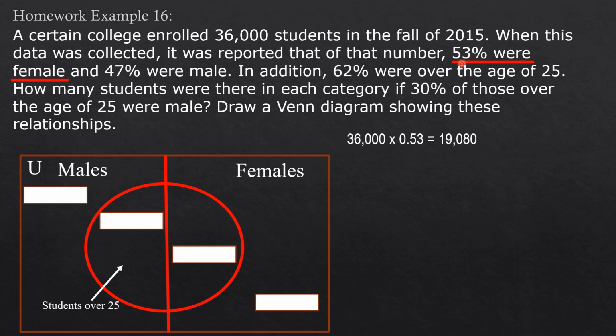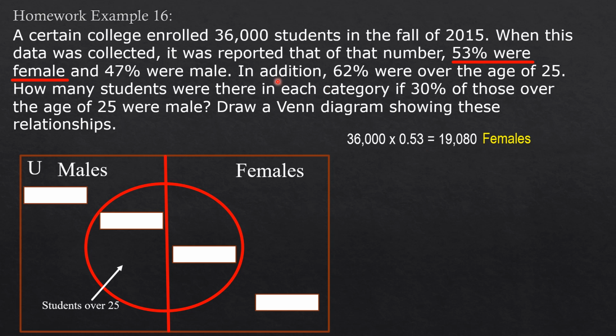So it says 53% were female, so I'm going to write down that that is the females. Now, if that's the females, you have a couple options with the males.